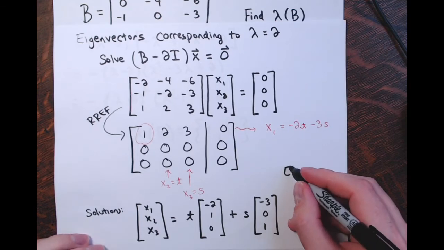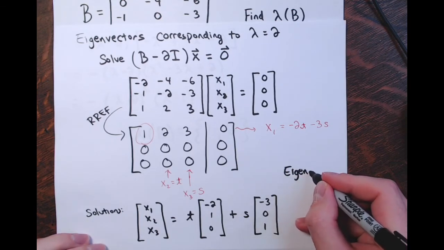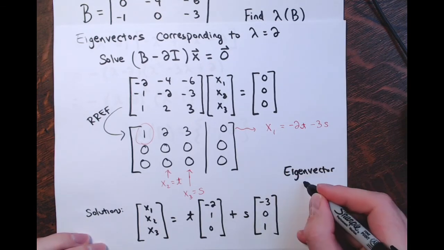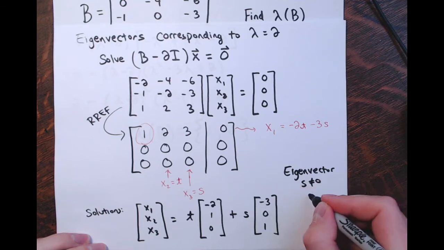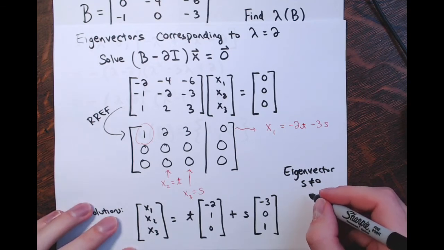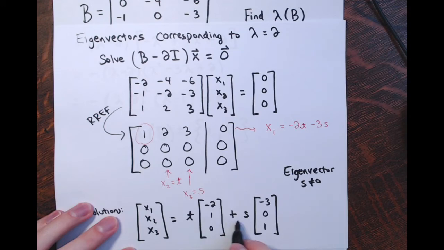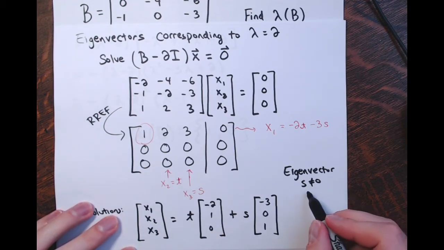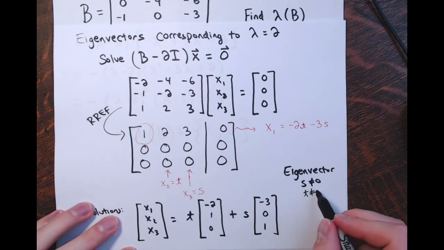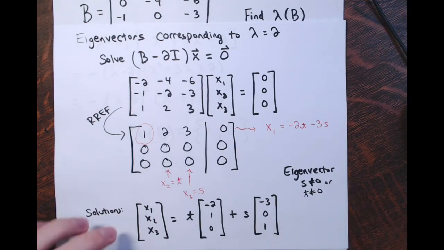And then for the eigenvectors, if I want an eigenvector, just make sure that s is not 0, and just make sure one of these is not 0. T is not 0.